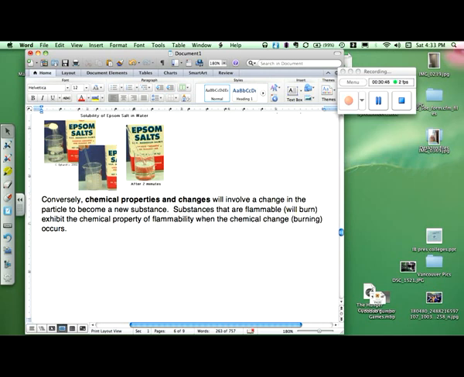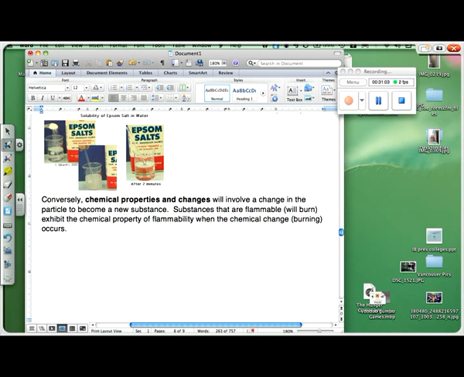Substances that are flammable will burn, exhibit the chemical property of flammability when the chemical change, burning, occurs. So chemical properties are the things you see as a result of a chemical change. When copper on the Statue of Liberty or on a roof becomes green, the color change is because of the chemical change.